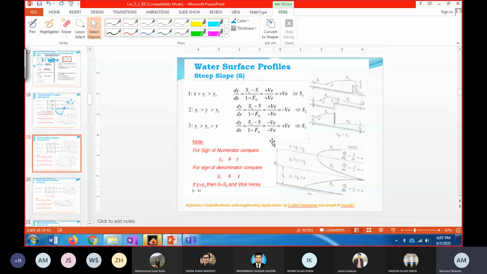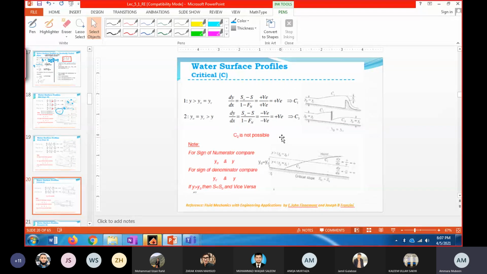And how does the slope vary, how can you sketch the water surface profile? You can use the governing equation to do that. The information you'll need after using the governing equation is whether the depth is decreasing or increasing. Okay, I hope you understand.